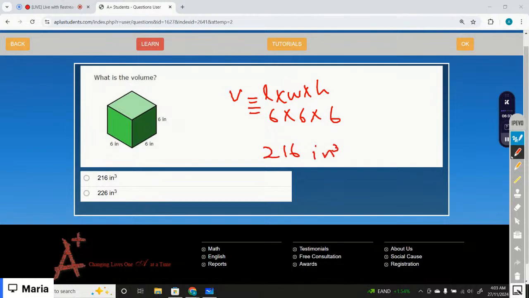The correct option is option number 1, that is 216 inches cube. Option number 1 is the correct option.